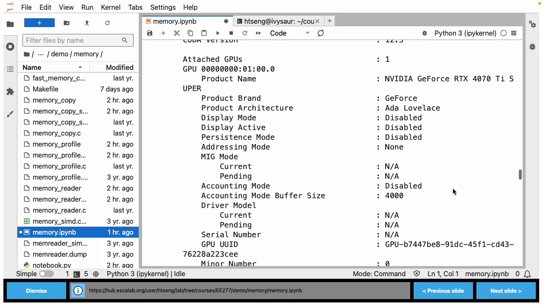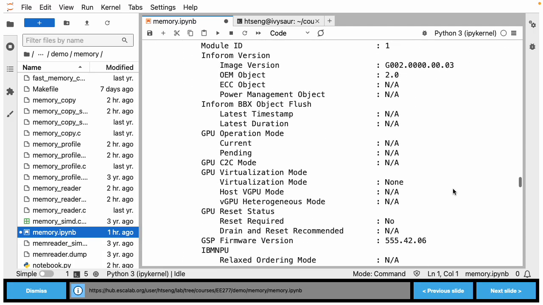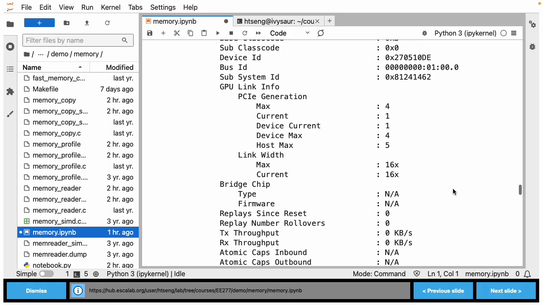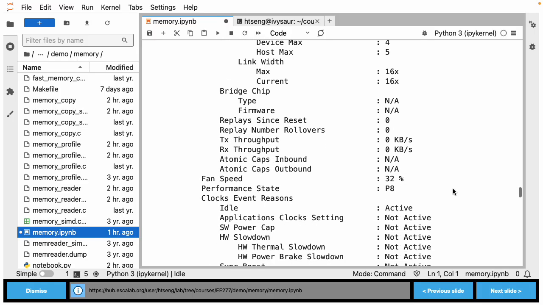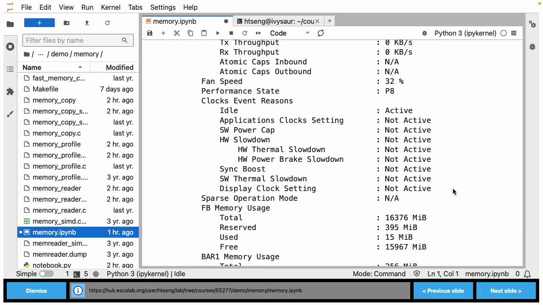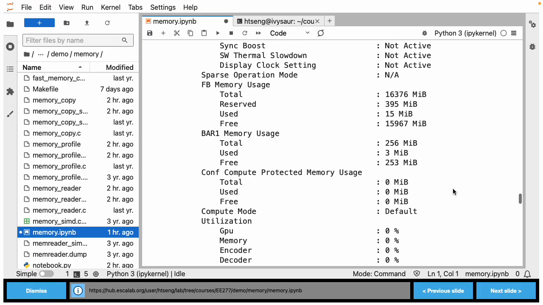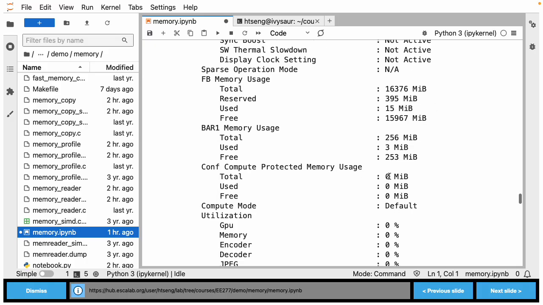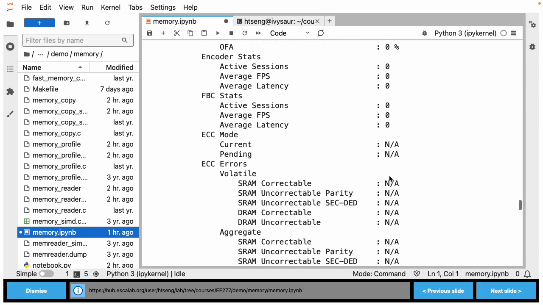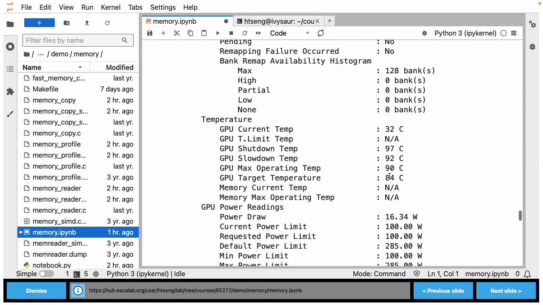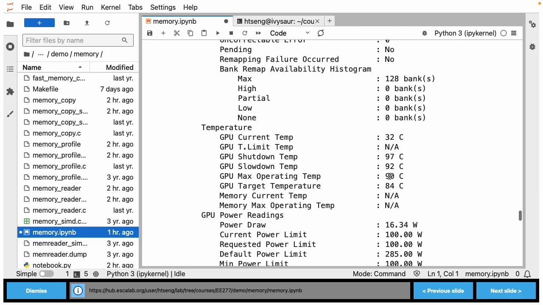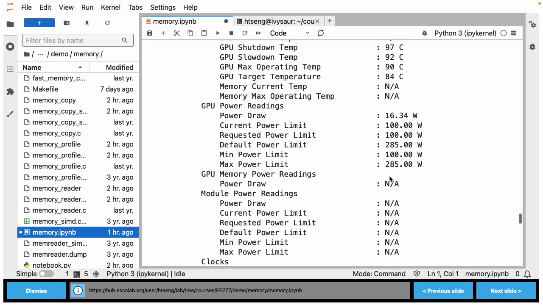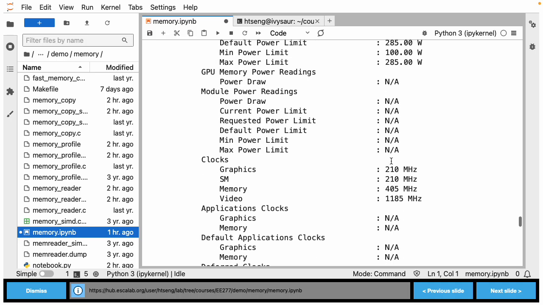As you can see, it will tell you how much memory is being used, the total memory capacity, power readings, and clock cycles.